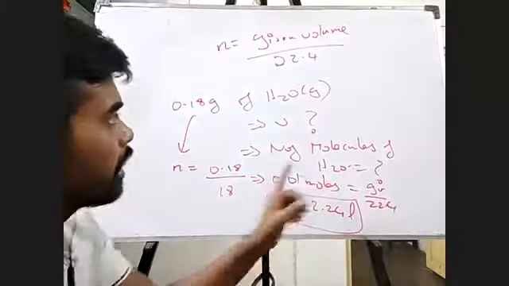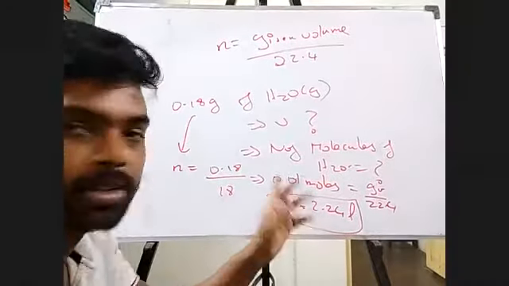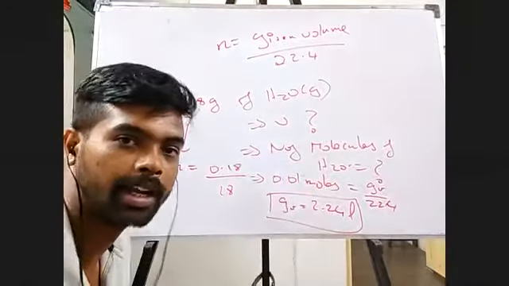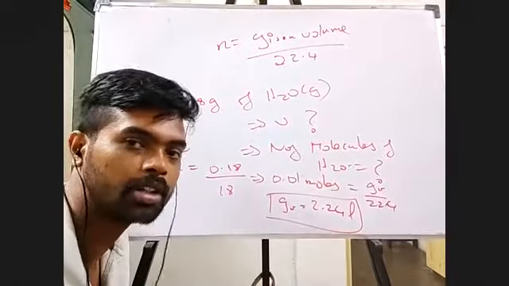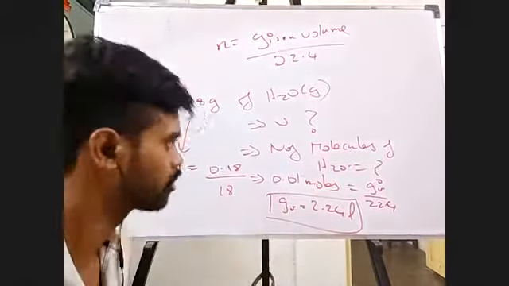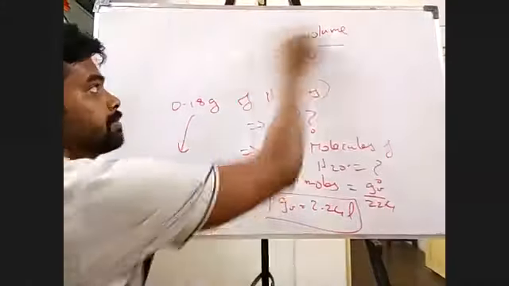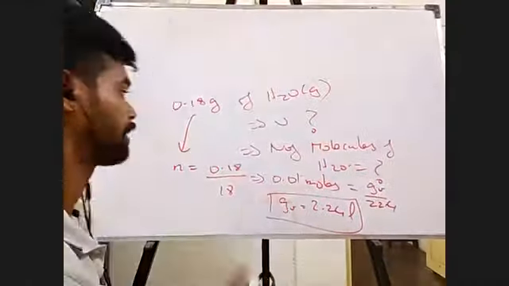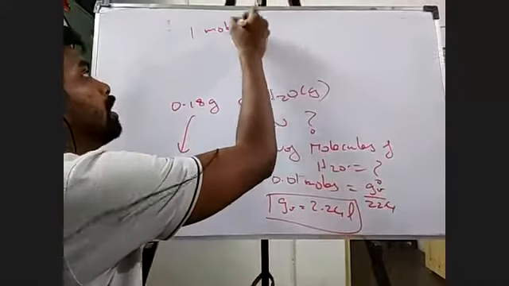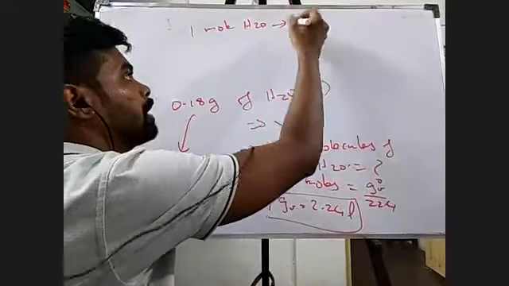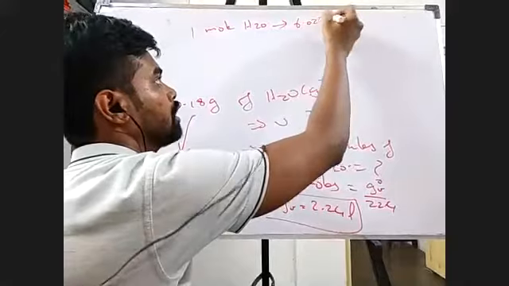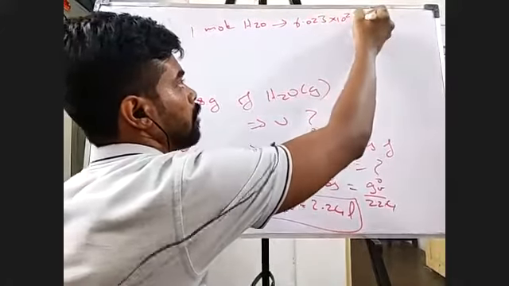Same way, I will be able to use this number of moles for number of particles also. Again, either you can use the logic or the definition, or you can go for the formula. So if I go for the logic, like definition, what will happen? 1 mole H2O will have how many? 6.023 into 10 to the power 23 molecules.